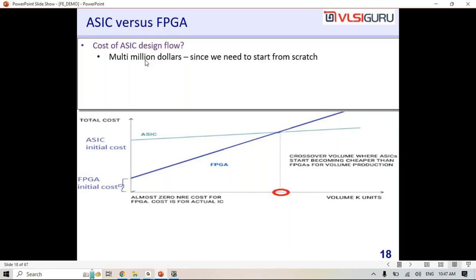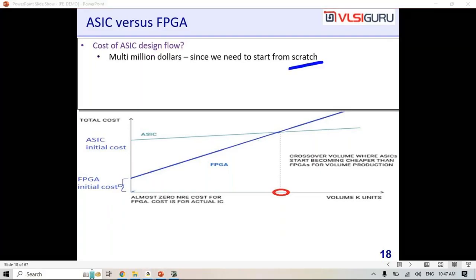Why so much investment? You have to do everything from scratch, so you have to invest multi-million dollars. You have to procure the software from the companies. So a lot of things are involved.